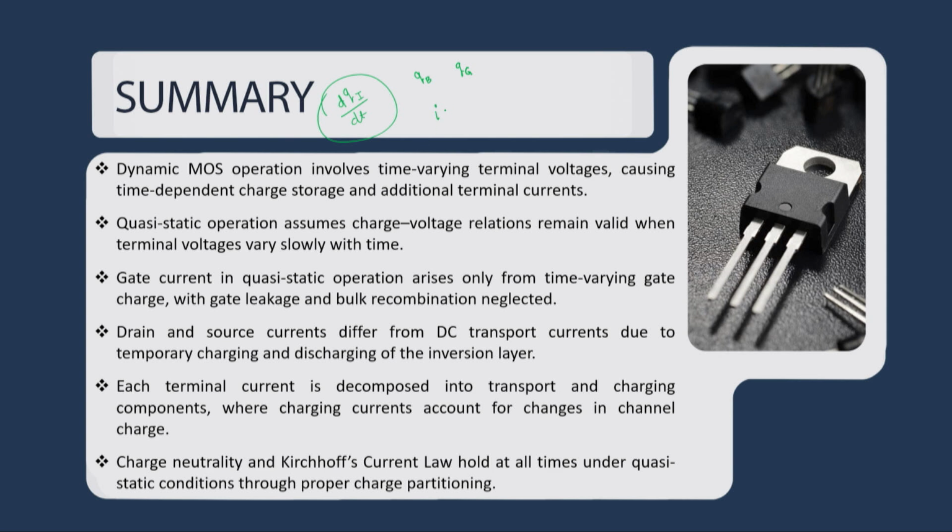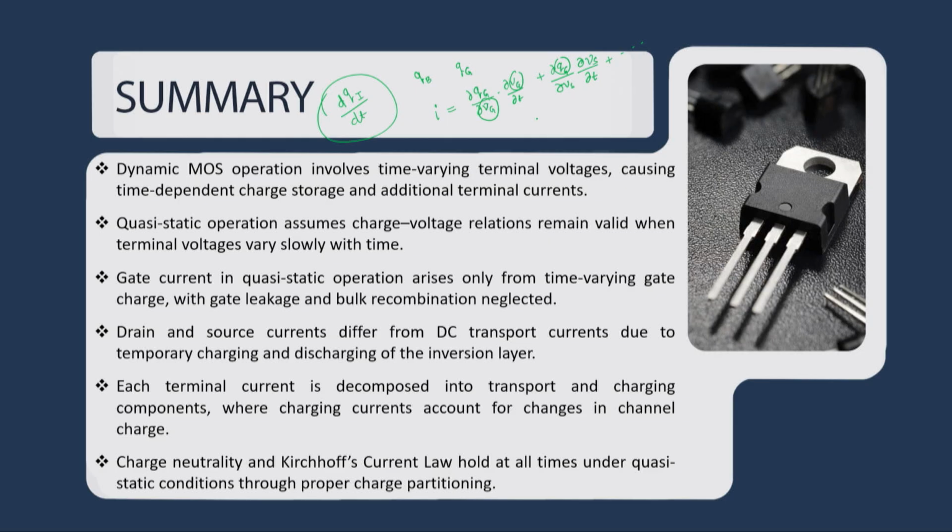We said that to find the terminal currents, we need to use the chain rule, that is delta Qg divided by delta Vg into delta Vg divided by delta T, plus delta Qg divided by delta Vs into delta Vs divided by delta T, plus so on. So, here the current is dependent on all the terminal voltages, which are varying very slowly. Quasi-static operation assumes that the charge voltage relation remains valid when the voltage varies very slowly. However, the current voltage relationship is not valid as compared to the DC analysis.